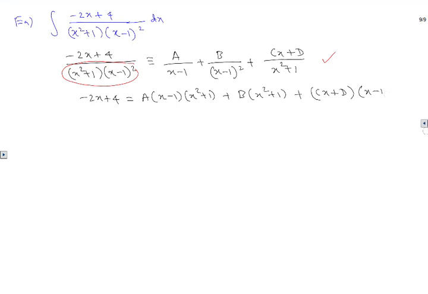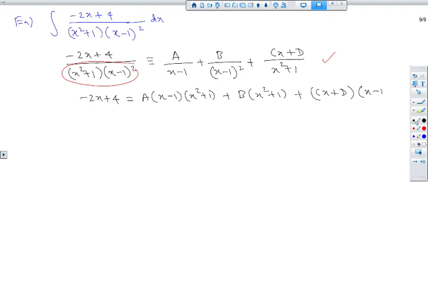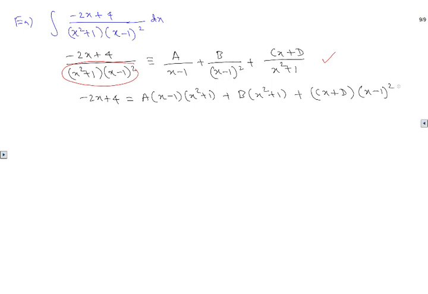Perfect. Now always when we have this, we can use the substitution method first to find as much as we can, and then we start finding the others.